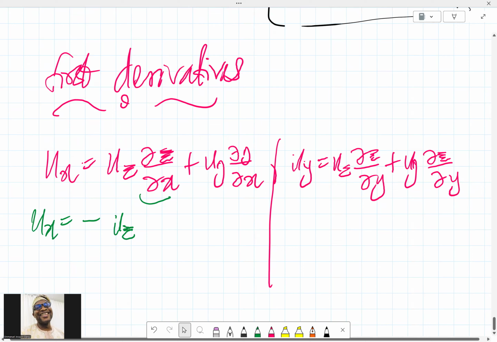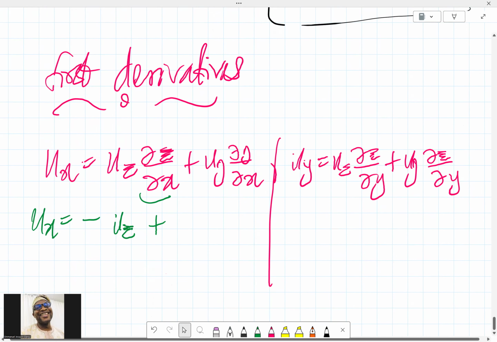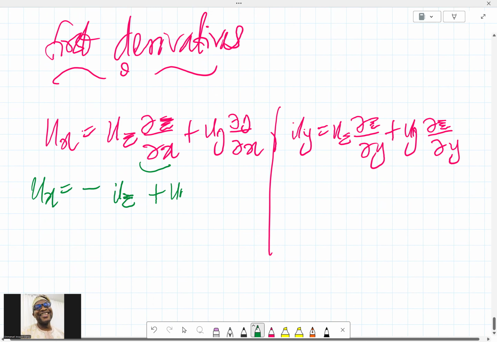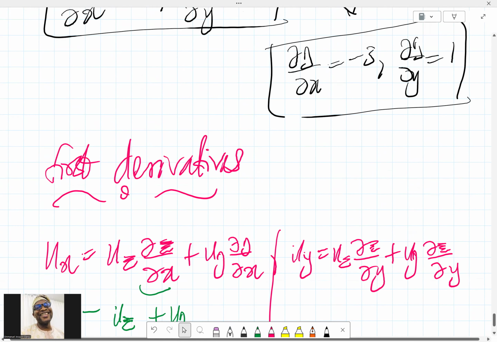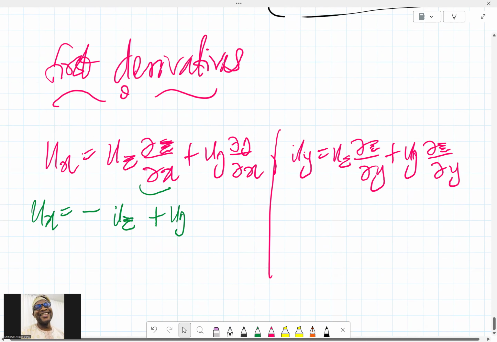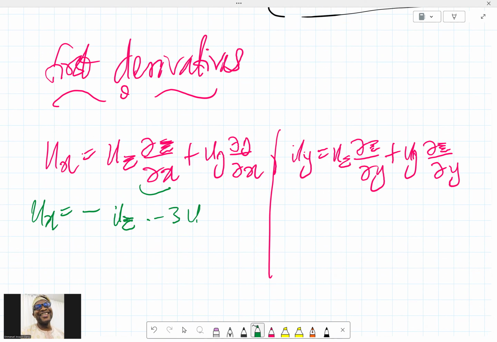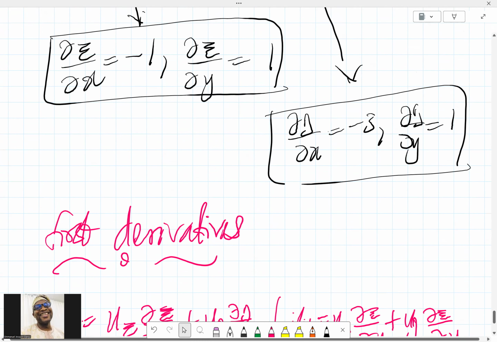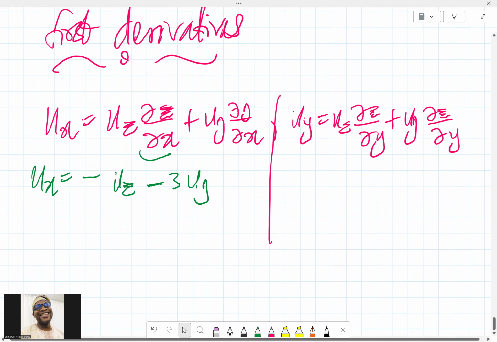Then plus u eta, with partial eta partial x here being minus 3. So this is minus 3 u eta. This is what we have now.